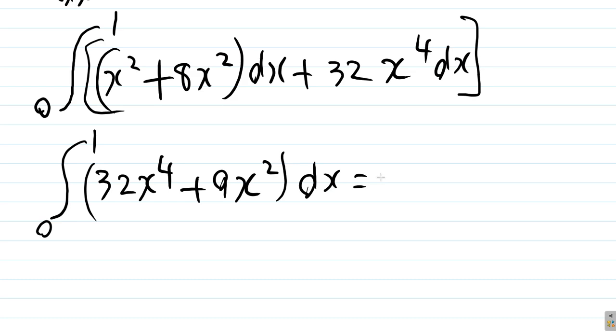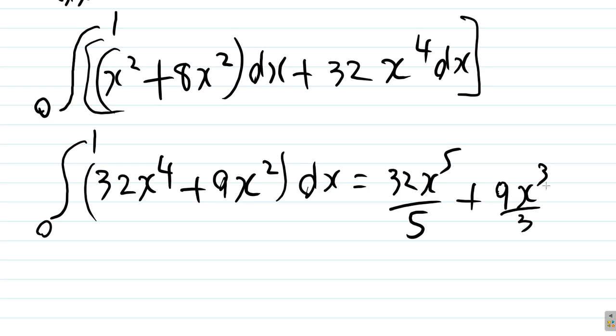Then we do our integration now. 32x to the 4th will give 32x to the 5 over 5, plus 9x squared, which is going to become 9x cubed over 3, and we're going from 0 to 1.